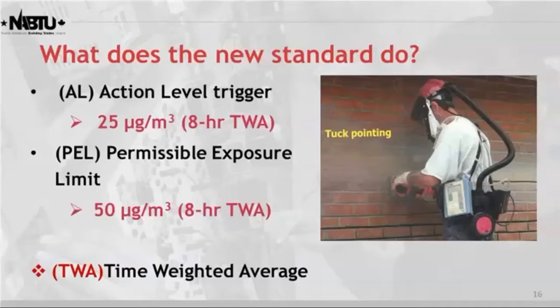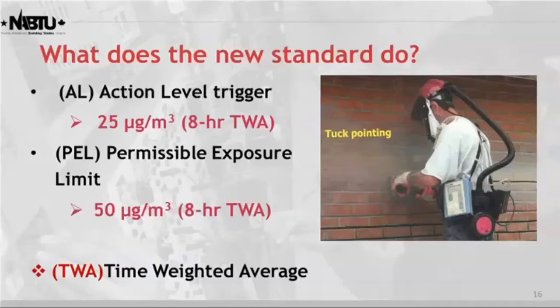Also found in the picture is a little pump, and that pump is designed to aid in assessing the worker's exposure over the time-weighted average, and we'll get to that in a second. So it's 50 micrograms per cubic meter of air over a time-weighted average of 8 hours. So all day long, a worker will have to be evaluated to see what the exposure limit is.